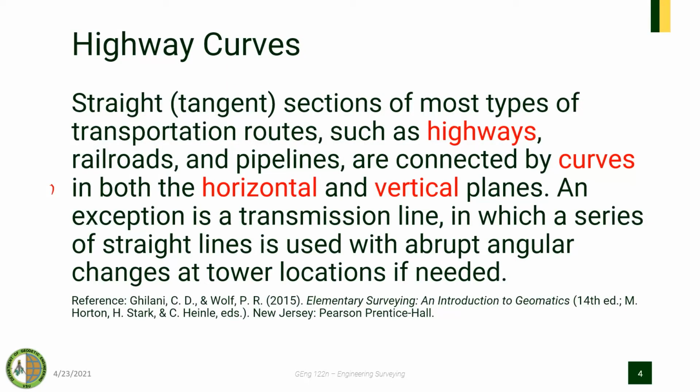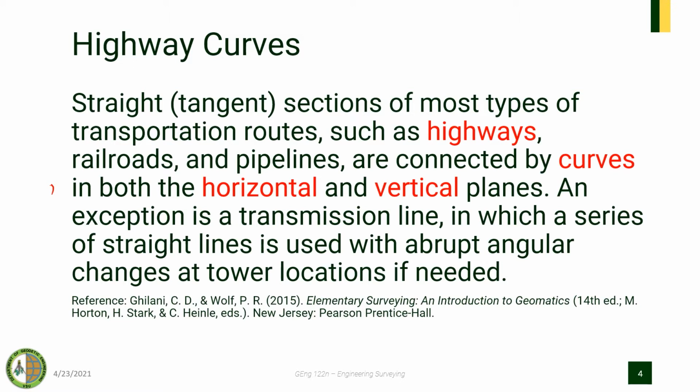Highway curves are formed by straight sections, which are tangents, since tangent lines are straight lines, of most types of transportation routes, such as highways, railroads, and pipelines, and they are connected by curves in both the horizontal and vertical planes.